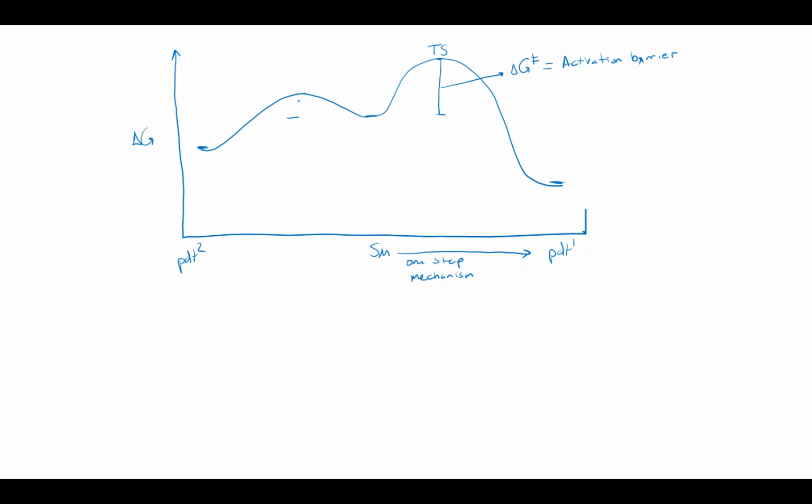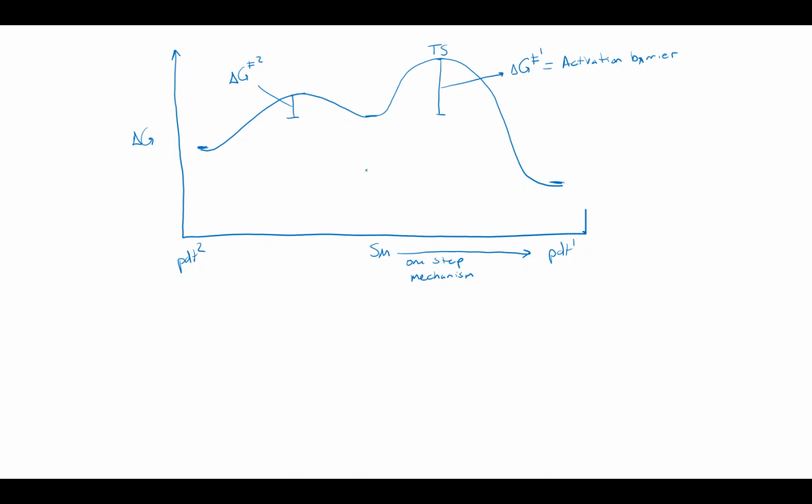In this case, from here up to the top of our hill, here's another delta G double dagger. This would be delta G dagger number 2, dagger number 1, right? Another activation barrier. You can see that delta G dagger number 2 is a much smaller value than delta G dagger number 1, and this means that this is the more kinetically favored product, right?